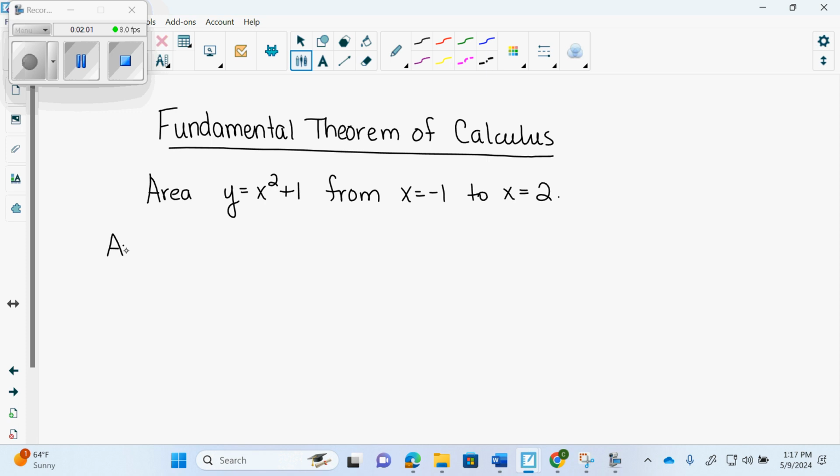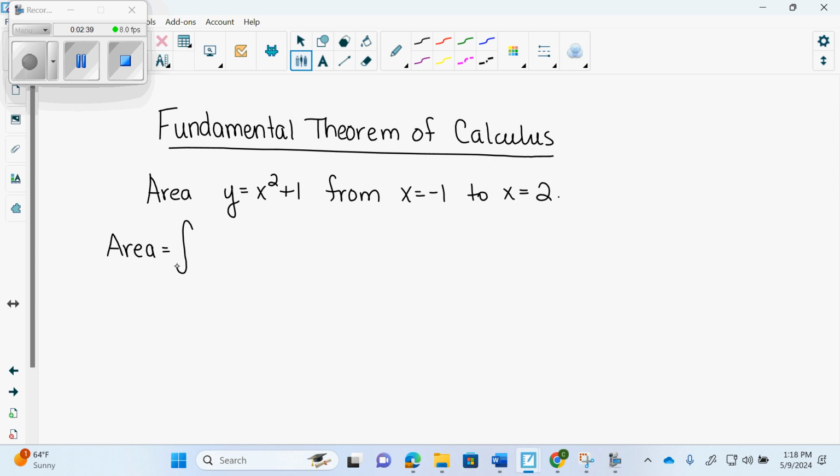So this is what it's going to look like. Area equals, it's like a fancy S. It's like if you want to write an F without a little line in it.